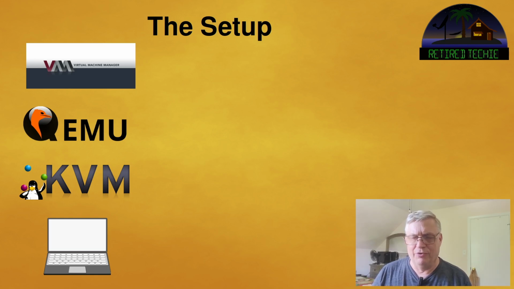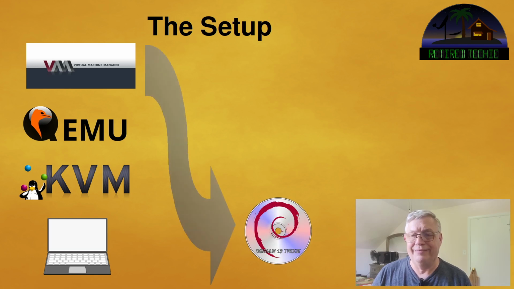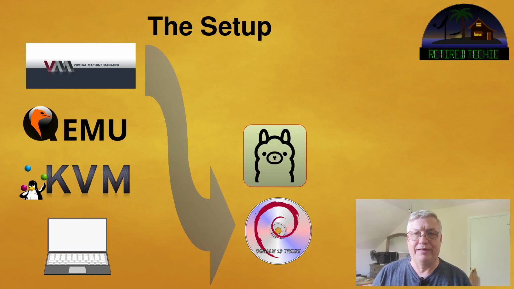I mean, virsh is not hard once you get used to it. These pieces work together to create and maintain our virtual machine. The virtual machine itself will use Debian 13 as the operating system, or OS. Ollama will be installed via the script from the website, and then we'll use Ollama to pull down the LLM and install it, and then run it. So that's basically my setup, what we're going to be doing.